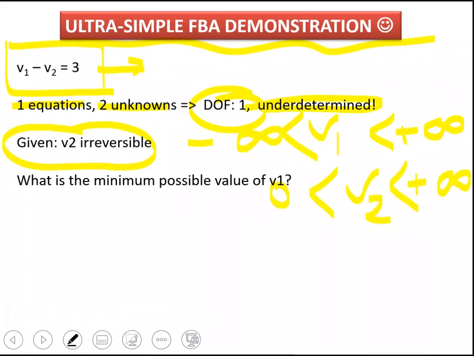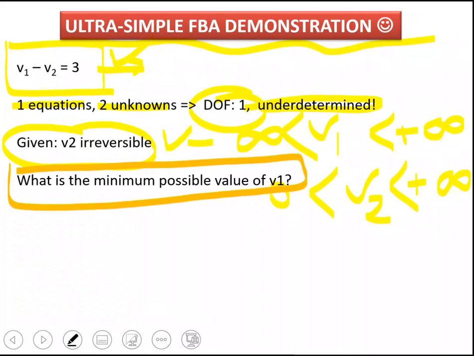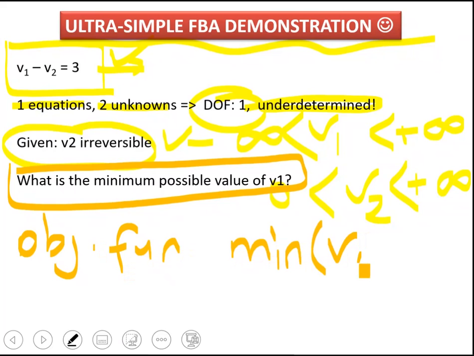So the question is, given those constraints, the mass balance constraint and the reversibility constraint, what is the minimum possible value of V1? So this means that the objective function in solving this problem can be minimization of V1.